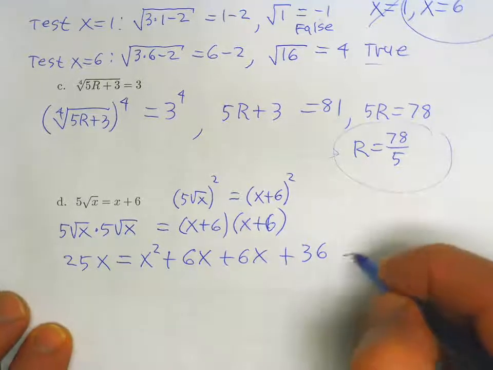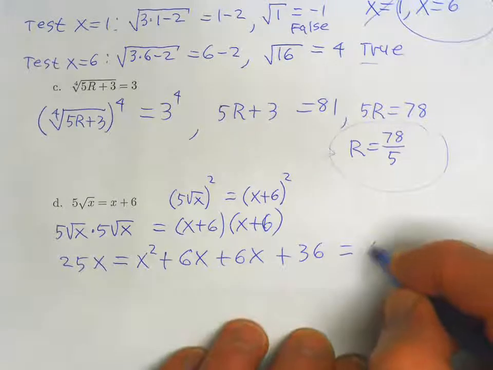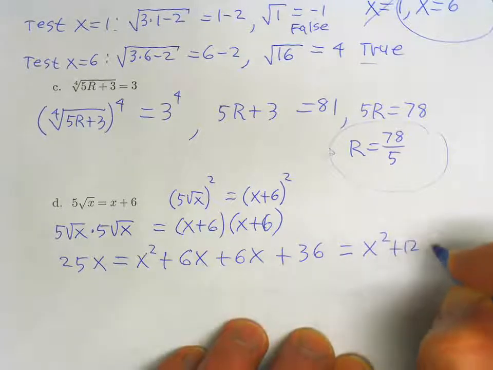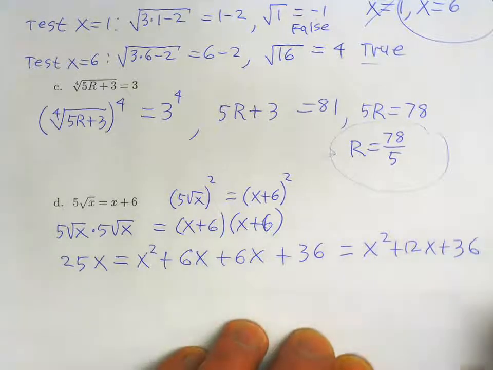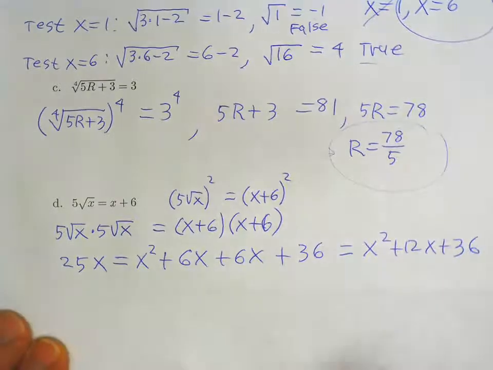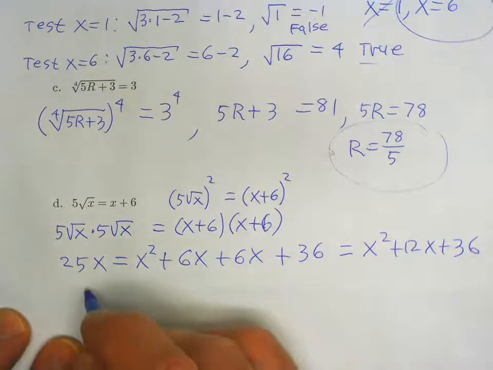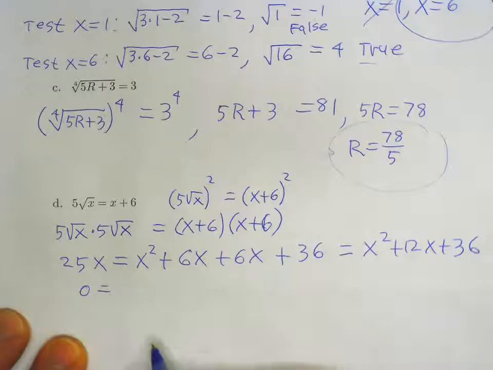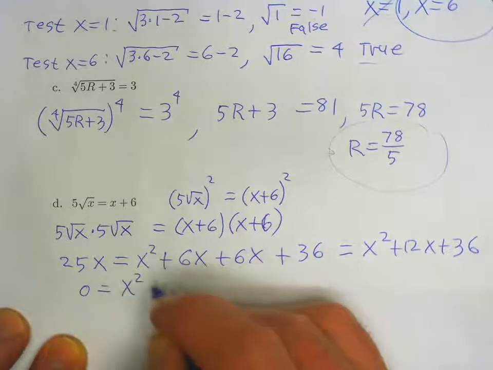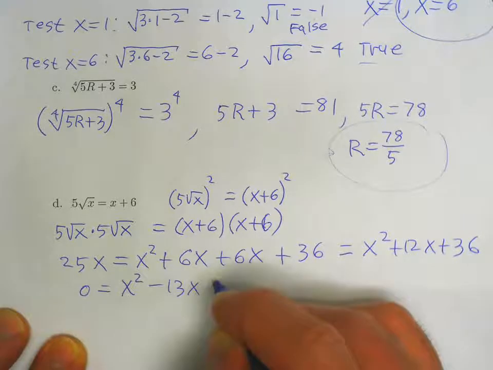So the right-hand side can be simplified to x squared plus 12x plus 36. And then we'll set one side equal to 0 by subtracting 25x from both sides, and we get 0 equals x squared minus 13x plus 36.